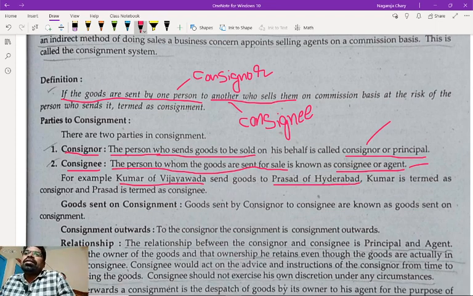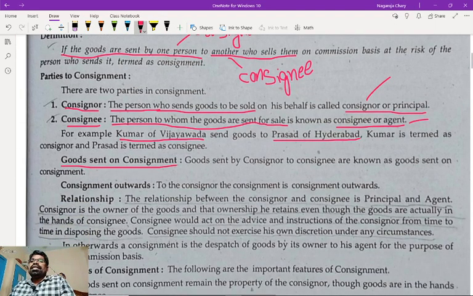Goods sent by the consignor to the consignee are known as goods sent on consignment.